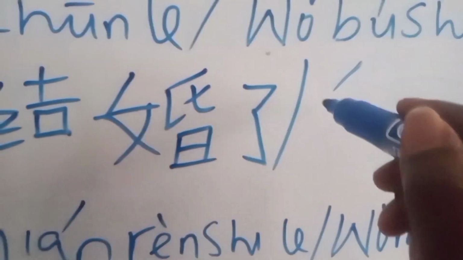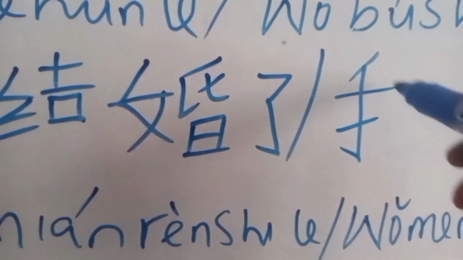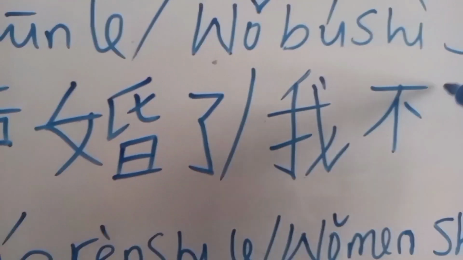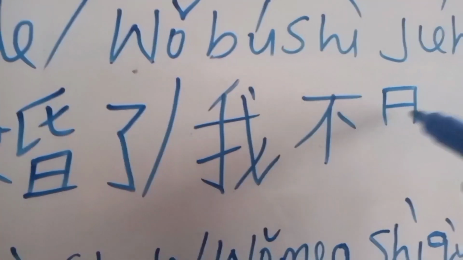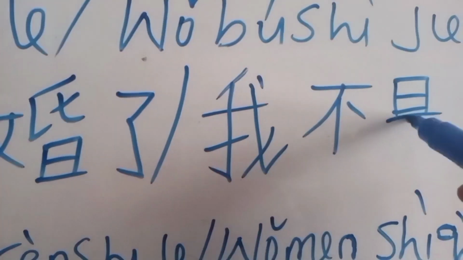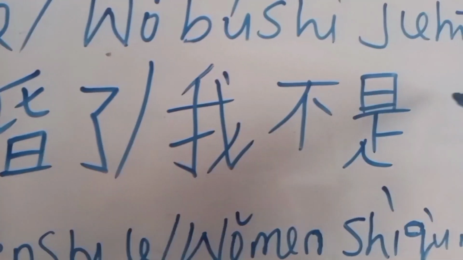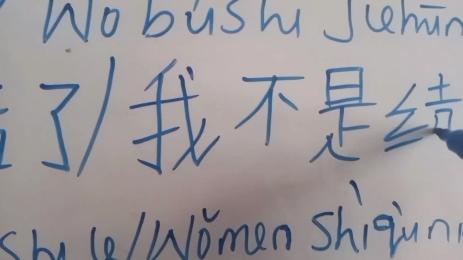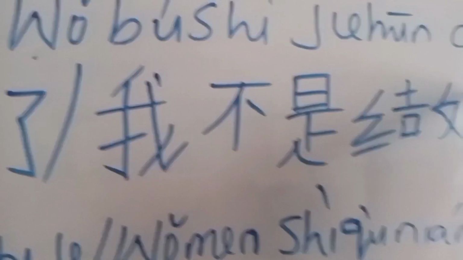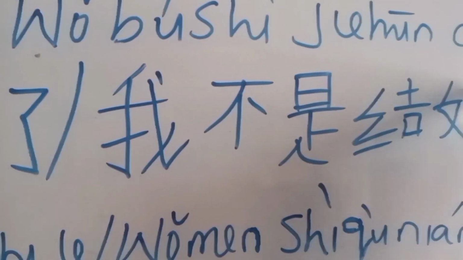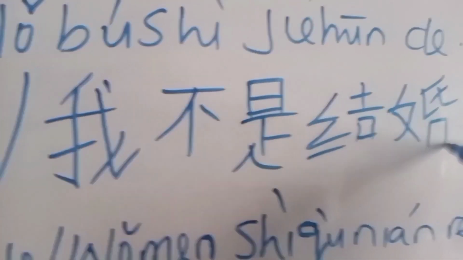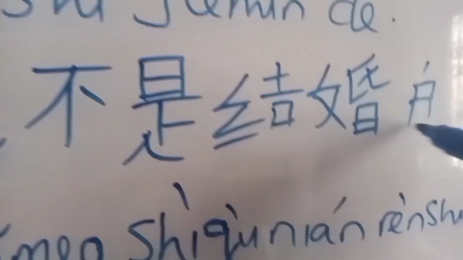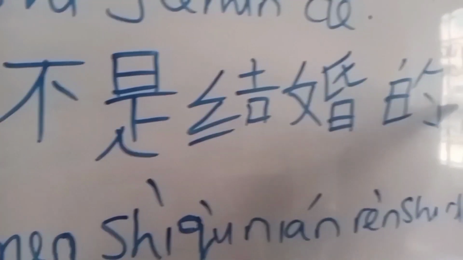Then the second sentence, the second way of saying this, 我不是结婚的.